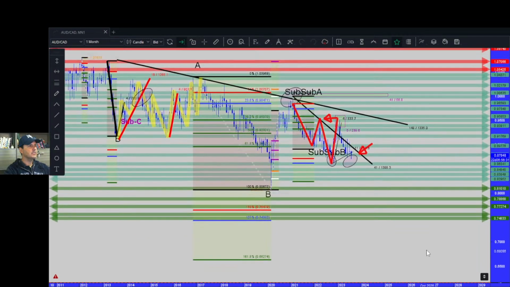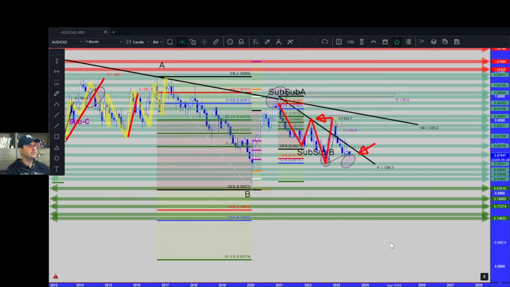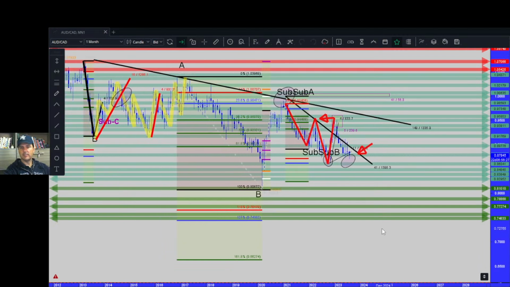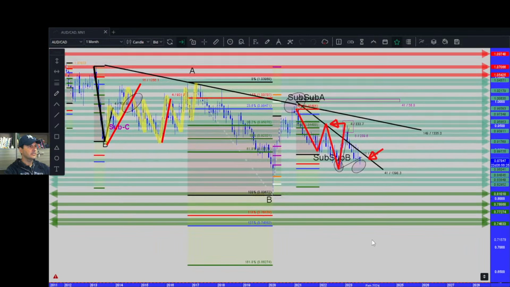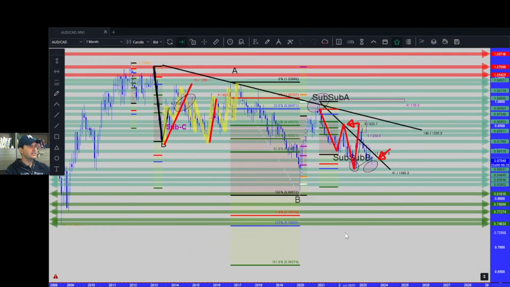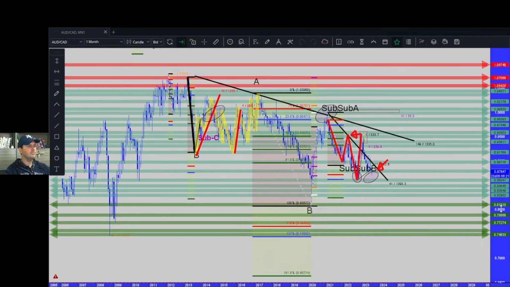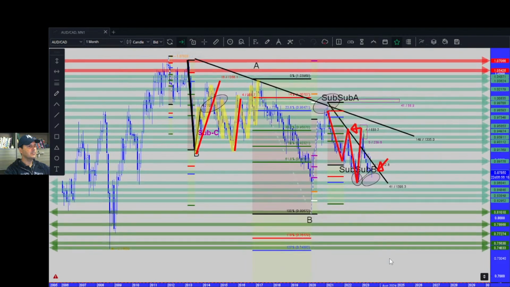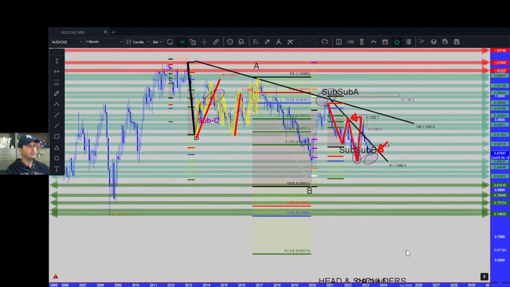Number one, we are using the original Fibonacci to determine trend direction, right? Everybody, talking specifically about the Fibonacci, is the trend direction up or down?